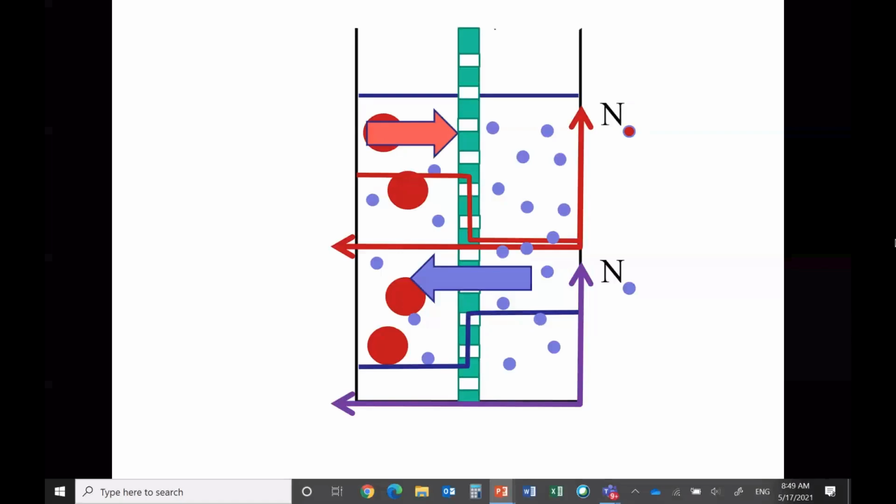So because of this process of the diffusion of the small particles from right to left, we increase the concentration of the small particles here on the left side. The large particle concentration is the same. So here we increase the concentration of the small particles because of these semi-transparent membrane properties.